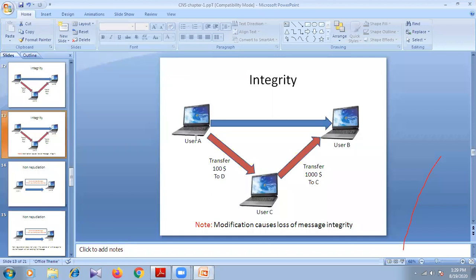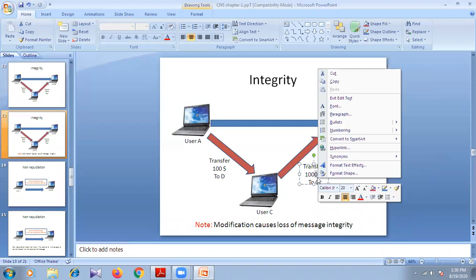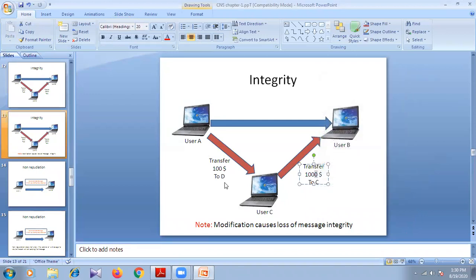For example, user A is sending a message to user B, transfer $1,000 to A, D, or he can modify $100 to $1,000. Or you are sending one name, but he changed it to his name. So this is the service integrity you can provide.